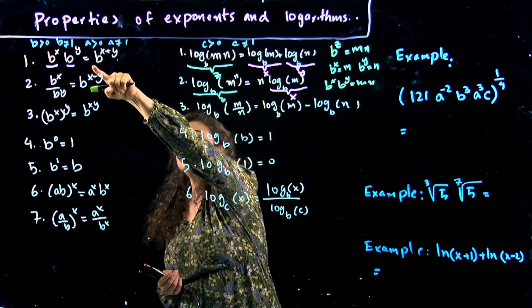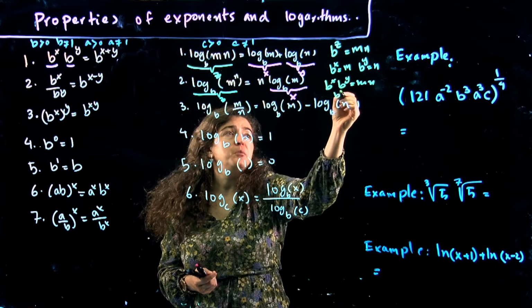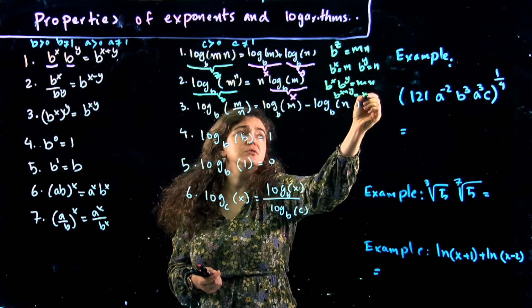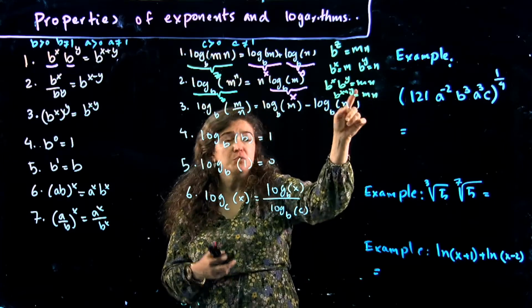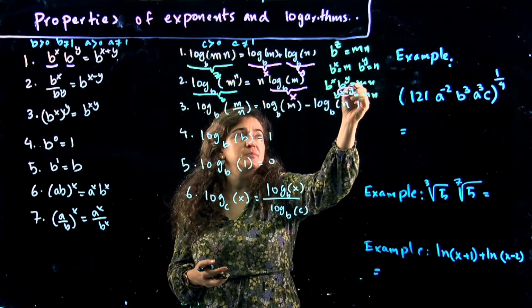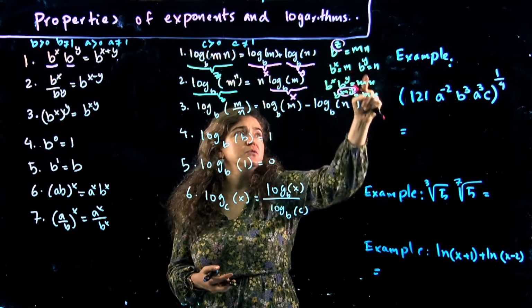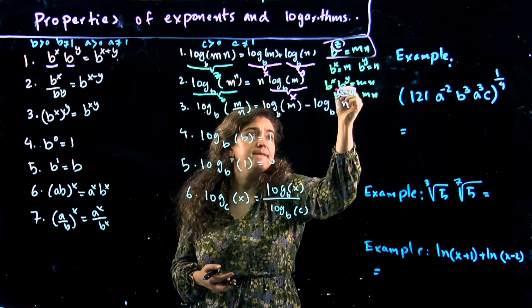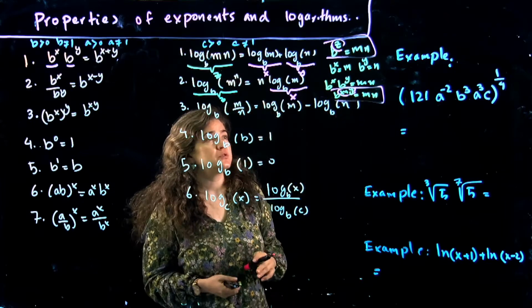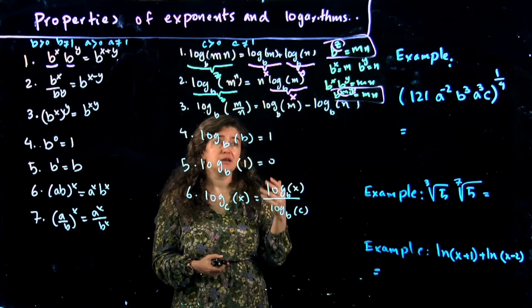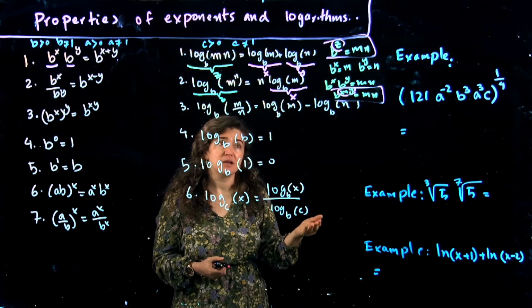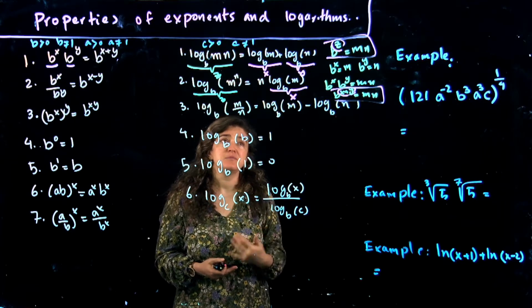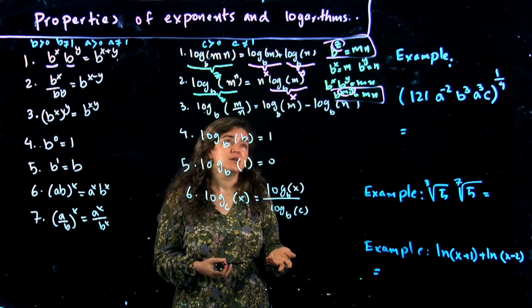According to this rule, b to the power x plus y is equal to mn. So we showed that x plus y is equal to z, because the other side is equal to mn, and base to x plus y is the same as base to the power z.